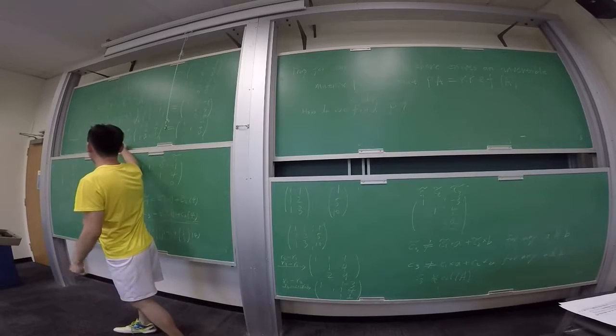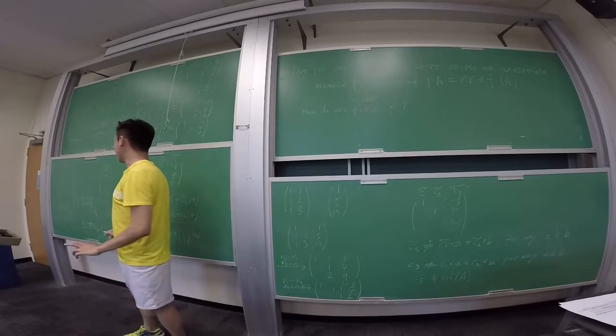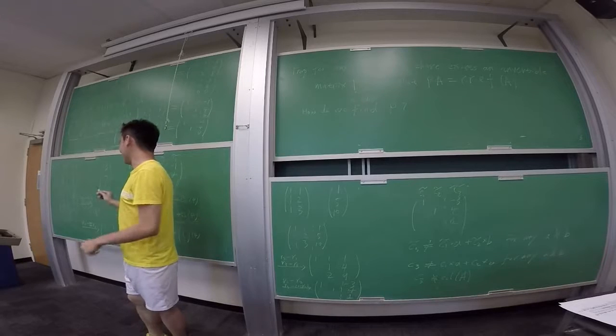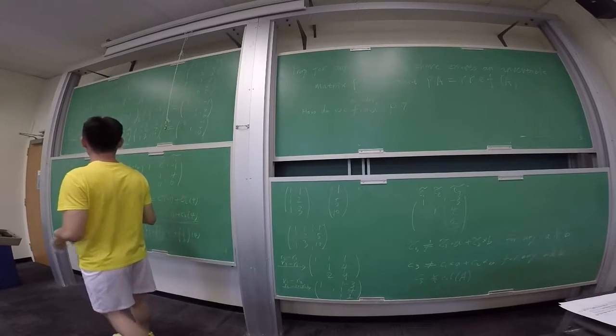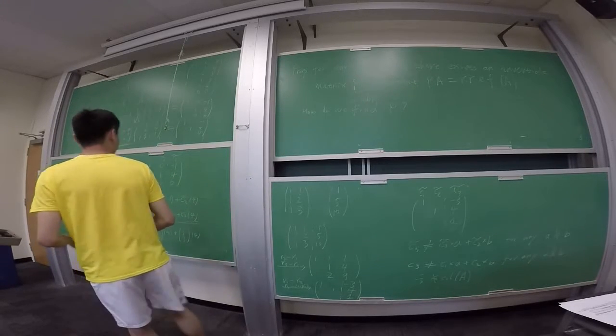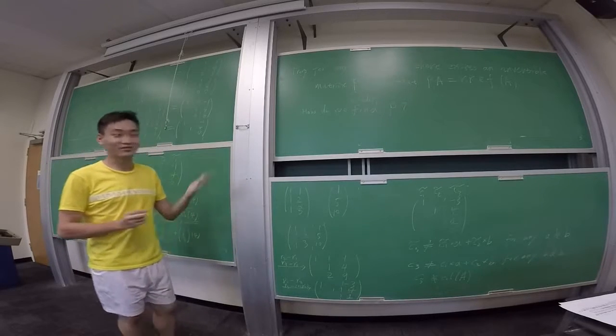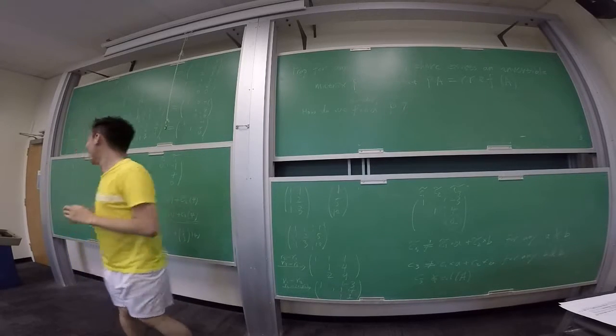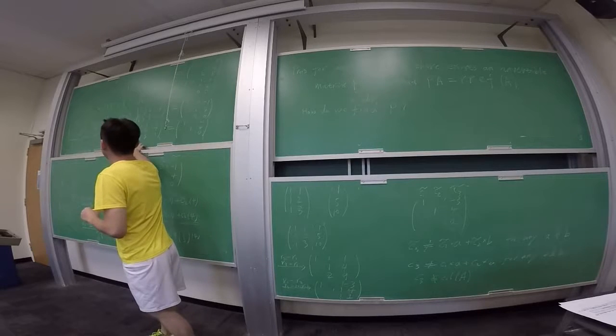So this is P. So this is one method. Maybe intuitively the method could be like this.